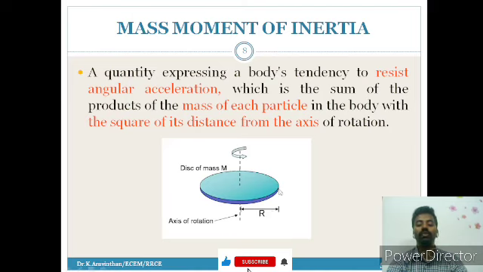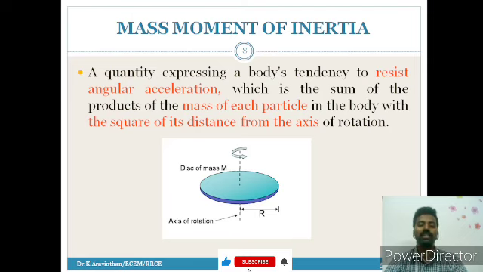If we are finding moment of inertia at the extreme end, you can substitute r square. So this is known as moment of inertia, with two branches. What are they? Area moment of inertia and mass moment of inertia. The only variation is, if you consider mass of the body, then it is mass moment of inertia, and if you consider area of a body, then it is known as area moment of inertia.